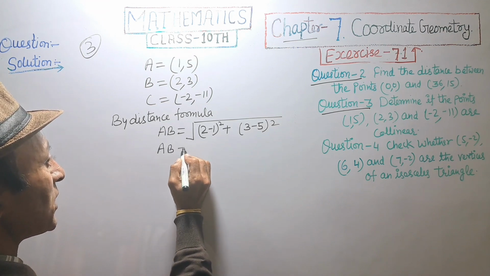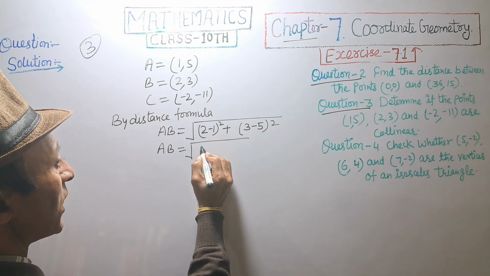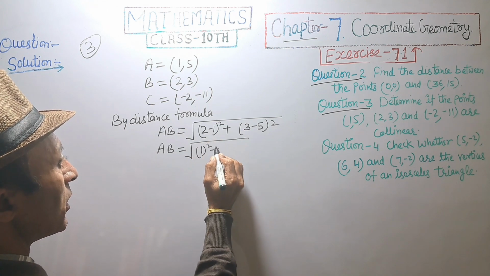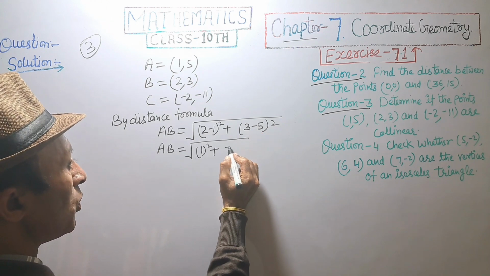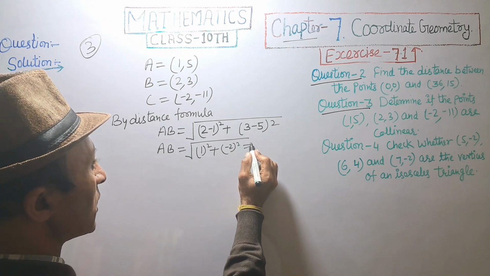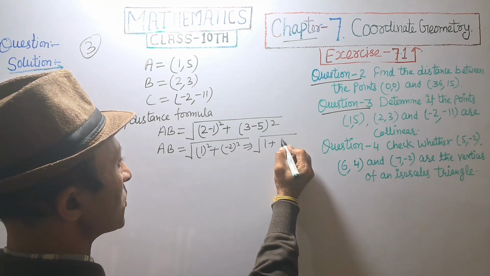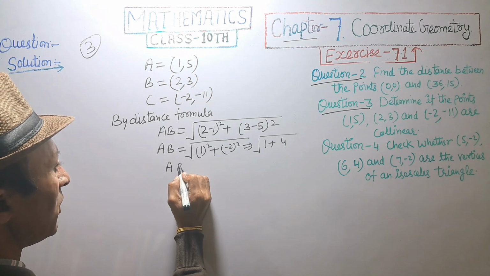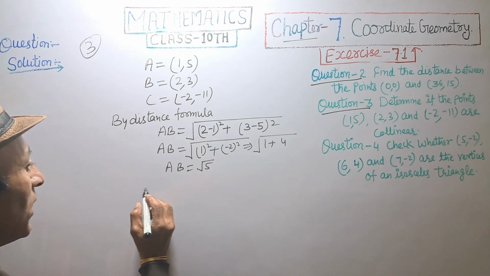So AB is equal to under root of (2 minus 1), that is 1 square, plus (5 minus 3) is 2, but -2 square. This implies under root of 1 square is 1 and 2 square is 4. So we get the value of AB is equal to under root of 4 plus 1, which is 5.